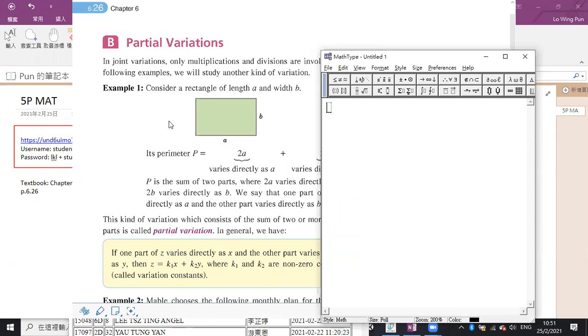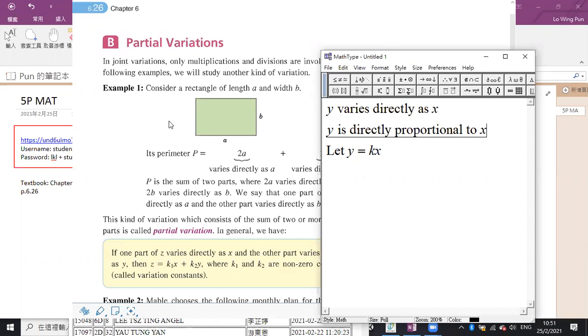If you say that y varies directly as x, then we will let y equals kx. Sometimes we have y is directly proportional to x, or y, this symbol, x, then we will let y to be kx, where k is not equal to 0.